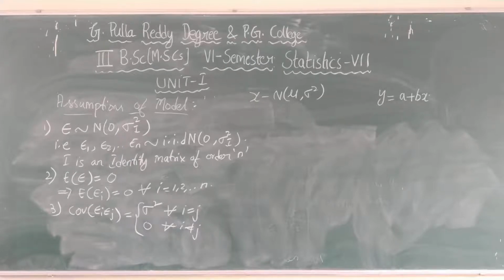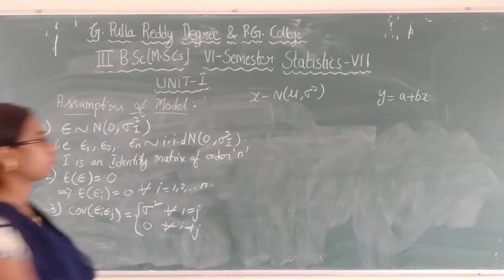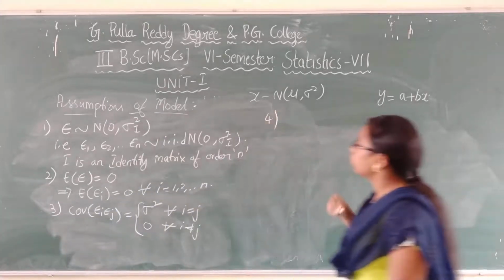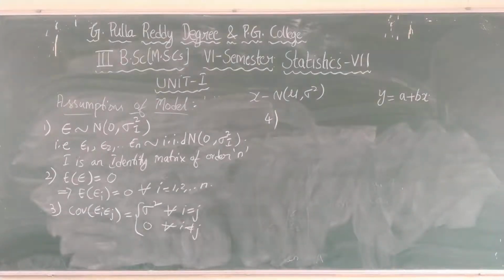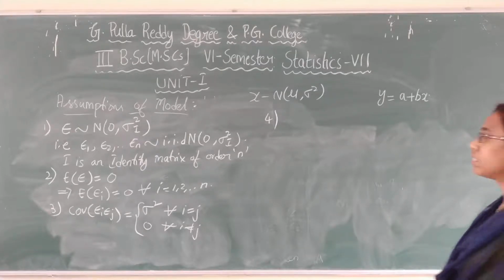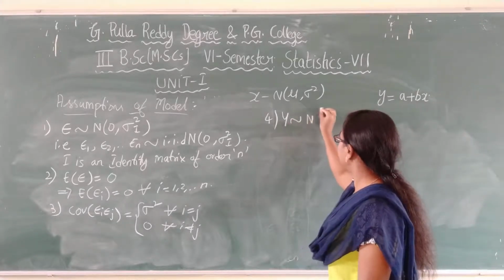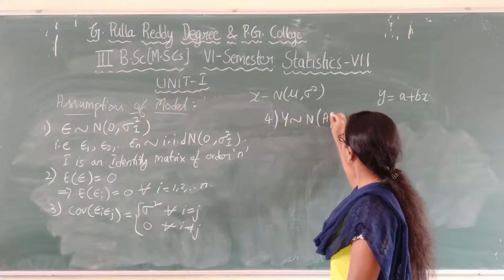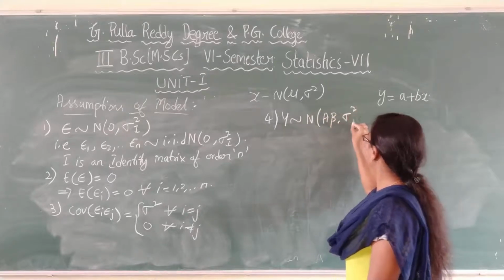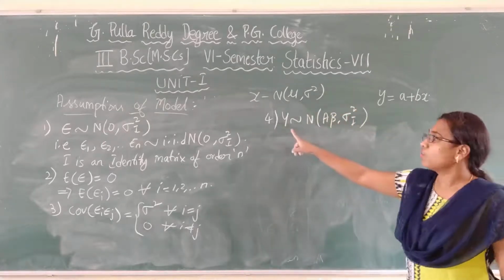Now coming to the fourth assumption. The fourth assumption is related to the vector y. Y follows the normal distribution with A beta comma sigma square I. So what is y here?